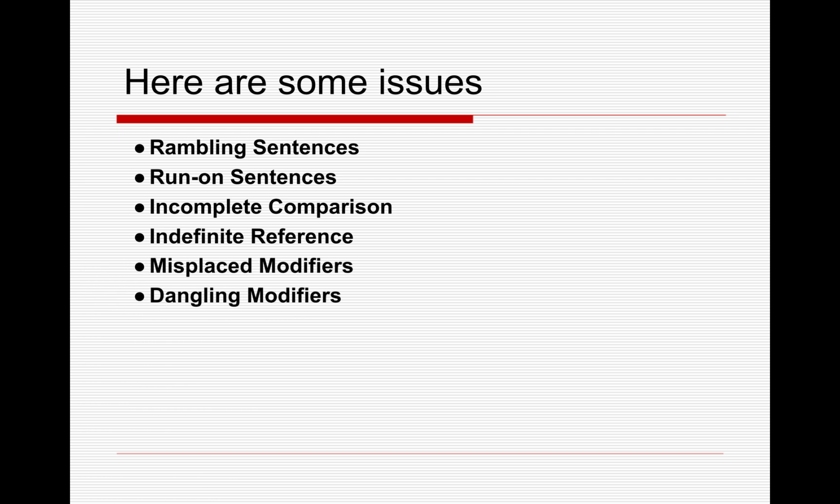Misplaced modifiers and dangling modifiers, those are 2 very similar things, but there is a difference, okay? And then the last 2 are going to be deadwood and flowery language, okay? So these are 8 issues that people have in their writing. So let's find out what they are.